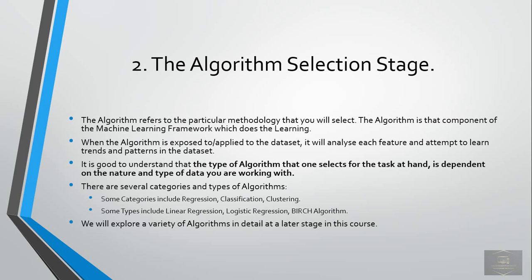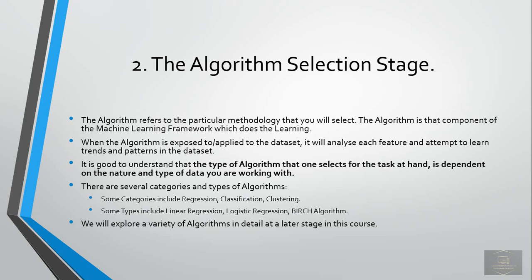Number 2, the algorithm selection stage. The algorithm refers to the particular methodology that you will select. The algorithm is that component of the machine learning framework which does the learning. When the algorithm is applied to the dataset, it will analyze each feature and attempt to learn trends and patterns in the dataset.